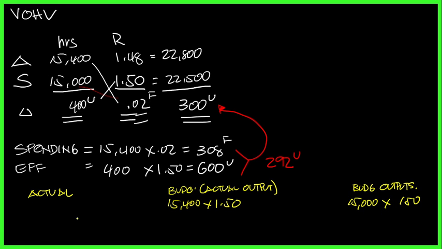Yun lang naman yung difference. So our actual is 23,100. This one 15.4 times 1.5. Na-compute ko na to kanina. And this one will be 22,500.